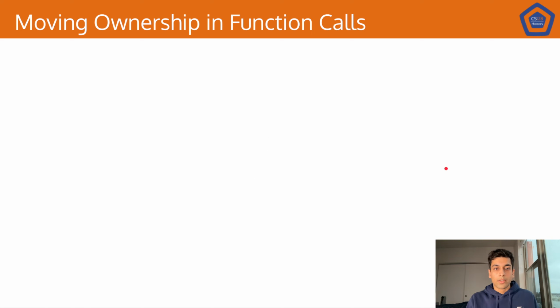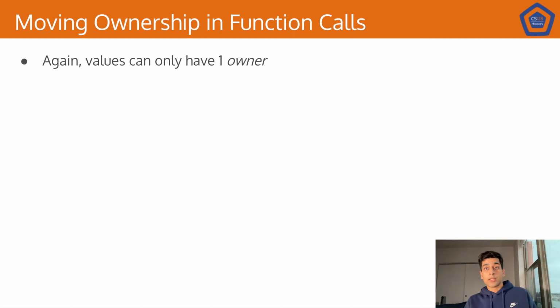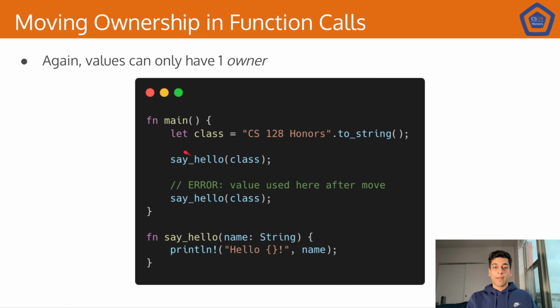Okay. So we also talked about how you move ownership of variables when you pass them as arguments to functions. We have this variable class. Class owns this string, and we're moving ownership from class to name. This is a little bit implicit, but when you pass class into say hello, class moves ownership into name, and then name gets printed out, and name goes out of scope at the end of this function.